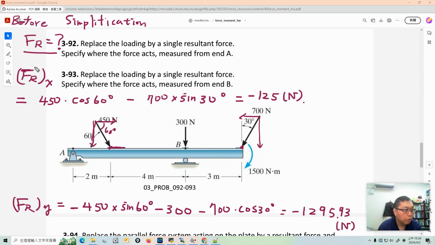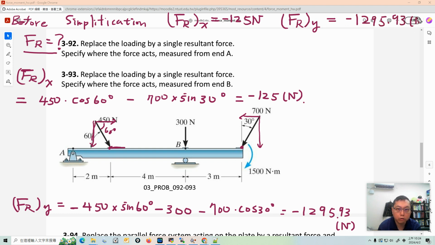So before simplification, we have F_Rx equal to minus 125 Newton, and the resultant force in the Y component is minus 1295.93 Newton. That's the resultant force.